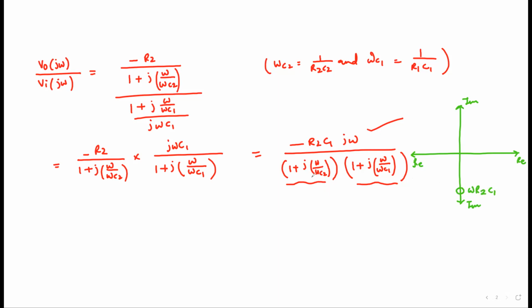And in the denominator, we have the two poles, that is 1 plus j omega by omega C2. So somewhere here, we have this pole, which is omega R2 C2.